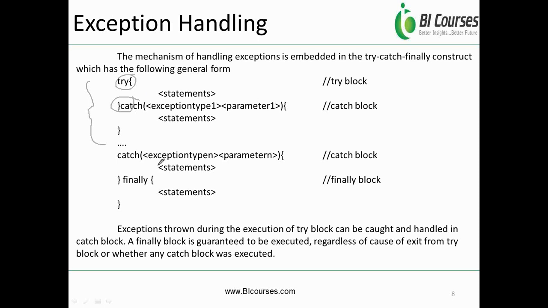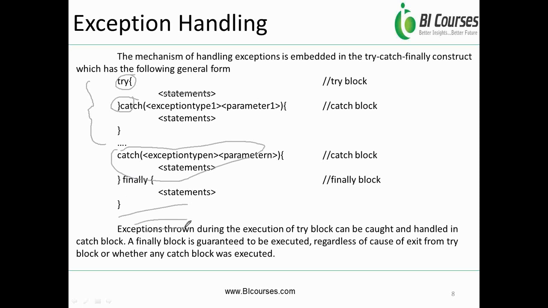Then our program will continue to execute. Suppose we have five statements, and at statement 3 we get an exception, and that will be handled in one of the catch blocks. After that it can execute the other statements, if we have any.